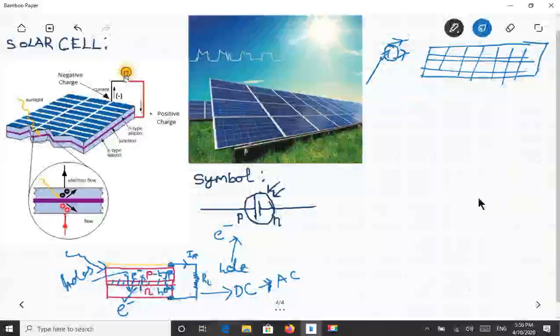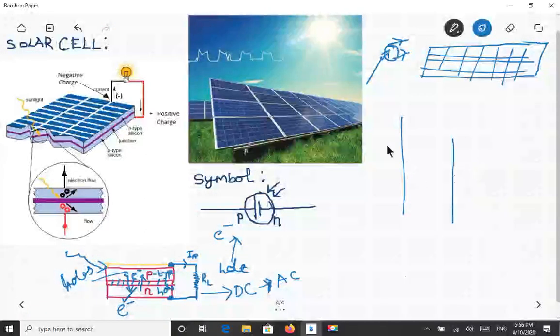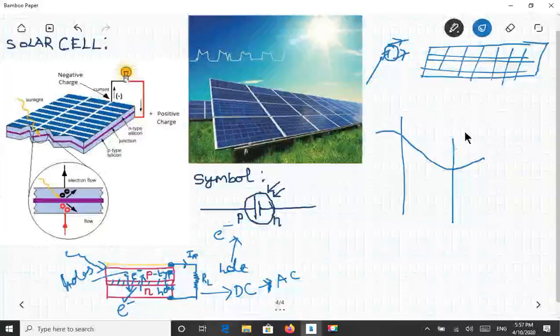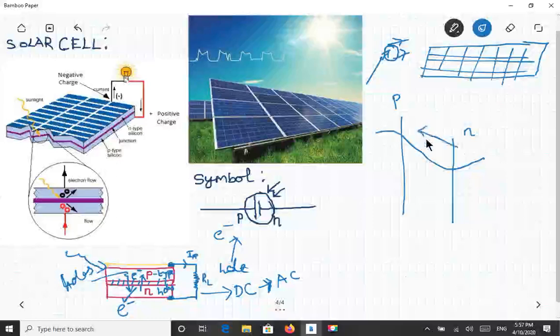P always has a higher potential and N always has a lower potential. That's why in your book it is indicated as a curve, higher to lower potential. If we take this as the N-type region and this as the P-type region, the minority carrier hole will pass through this depletion region.